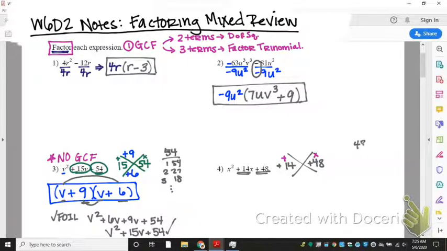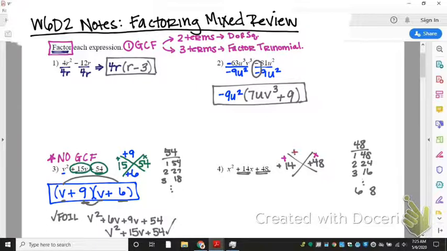Write out 48 and do your 1 and 48, 2 and 24, 3 and 16, and so on and so forth. You'll eventually get to 6 and 8. 6 times 8 is 48, but 6 plus 8 is going to give me 14. So that's your pair.